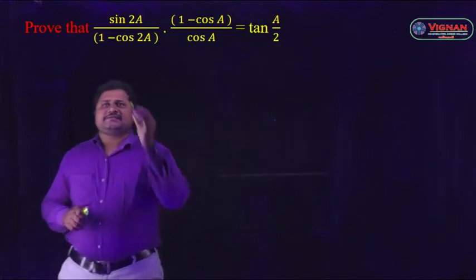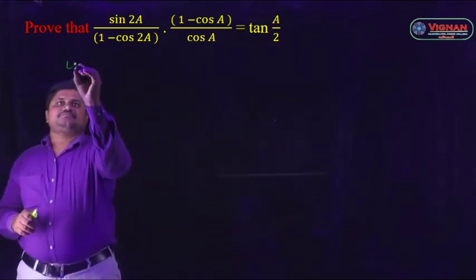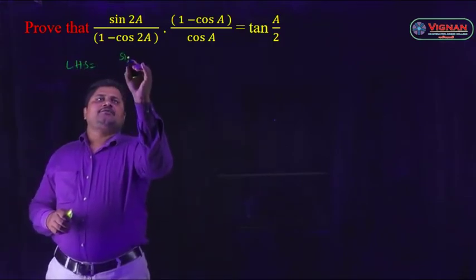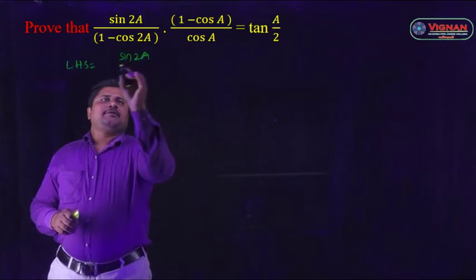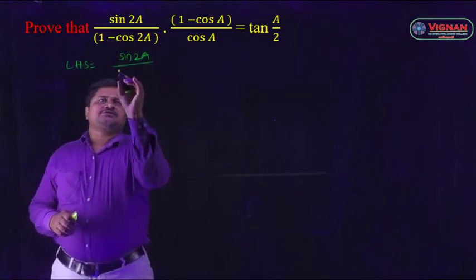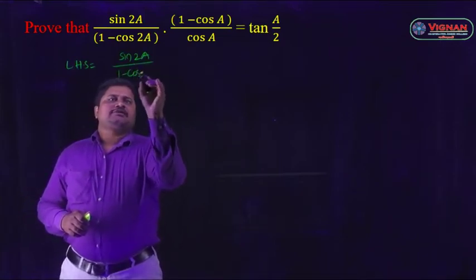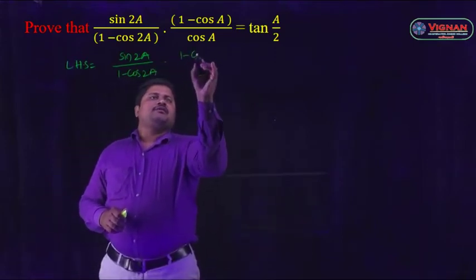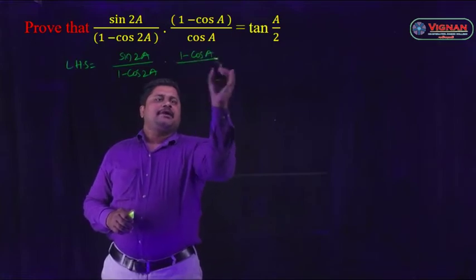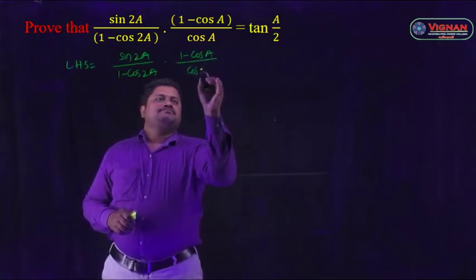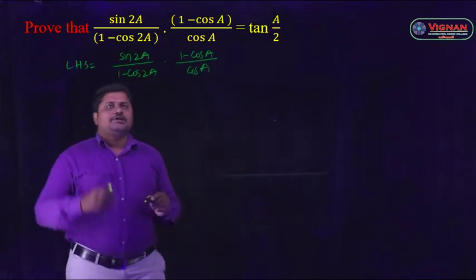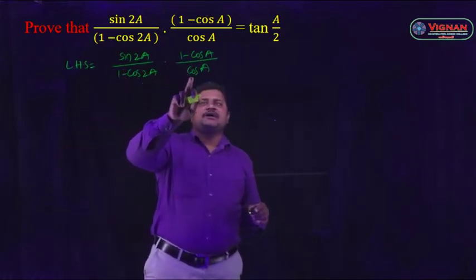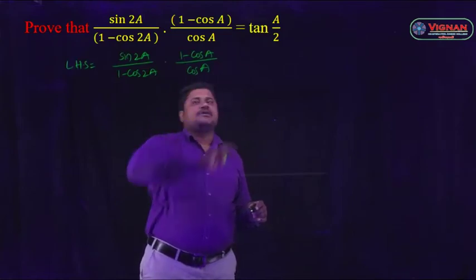Here the LHS is sin 2a by 1 minus cos 2a into 1 minus cos a by cos a. We have to prove that it is equal to tan a by 2.